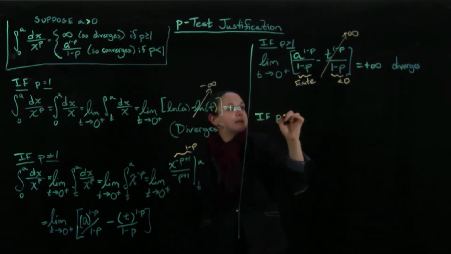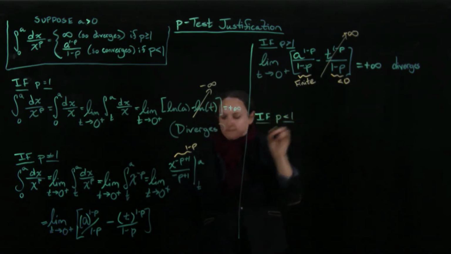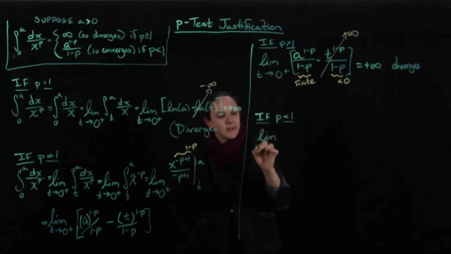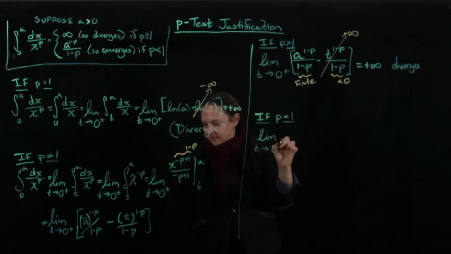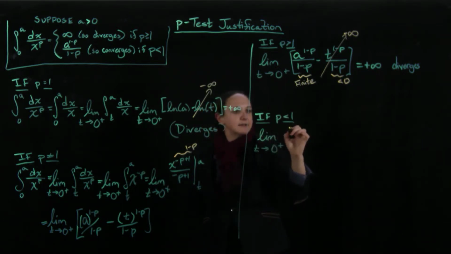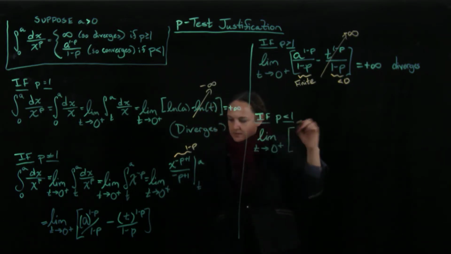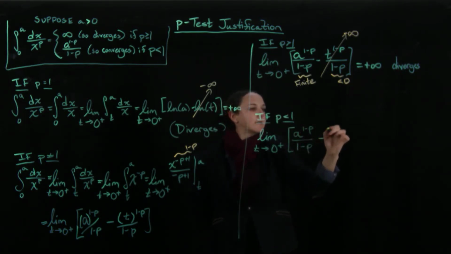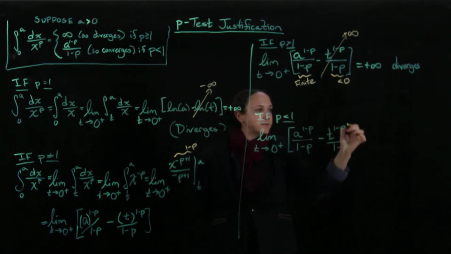Now let's say that p is less than 1. Then the limit as t approaches 0 from the right-hand side of a to the 1 minus p divided by 1 minus p, minus t to the 1 minus p divided by 1 minus p.